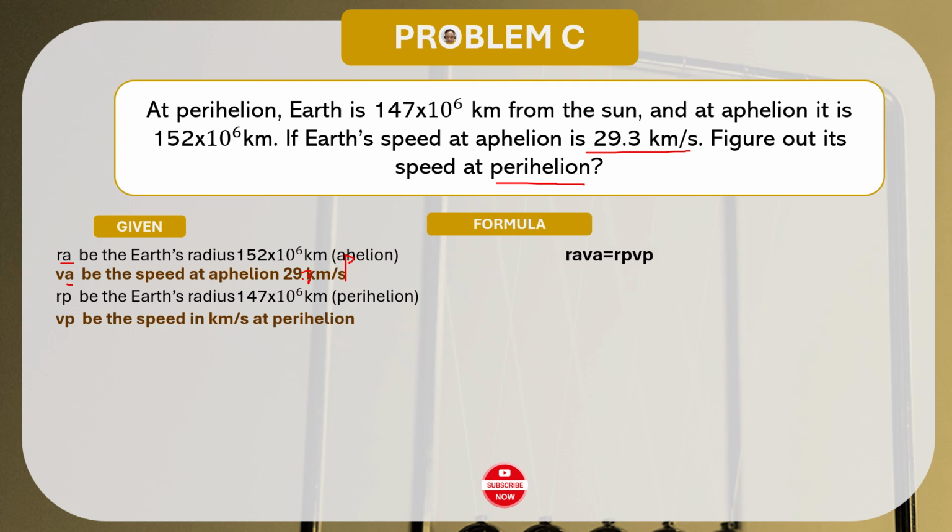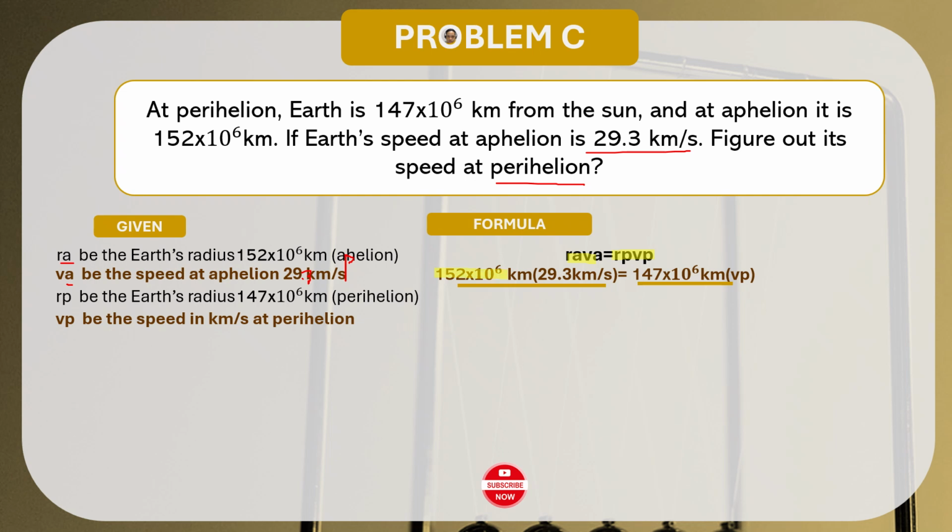We can still use the equation like before, like in problem A. RA, radius at aphelion, multiplied by the velocity at aphelion, equals radius at perihelion multiplied by the velocity at perihelion that we need to figure out. Let's substitute it correctly so we can have this value.